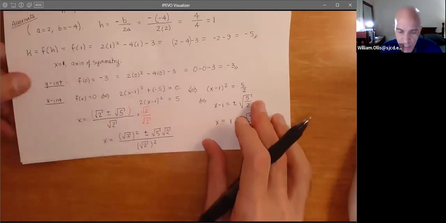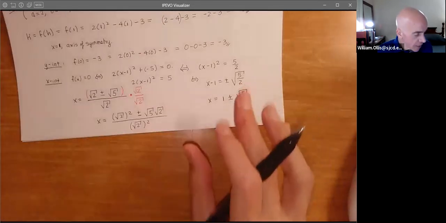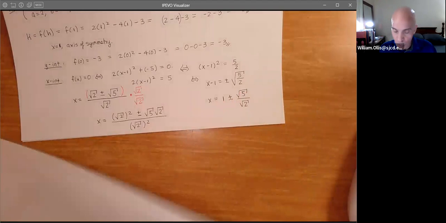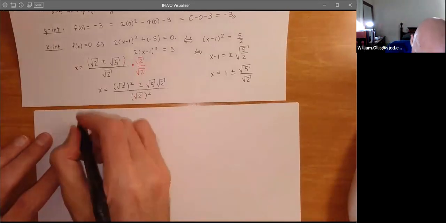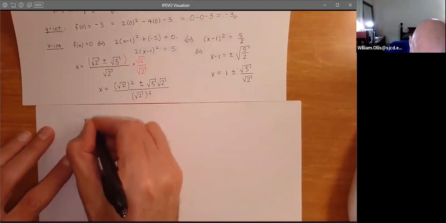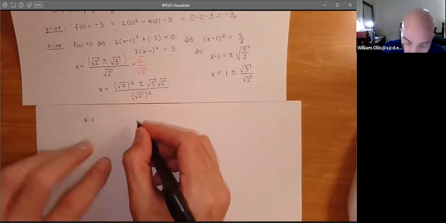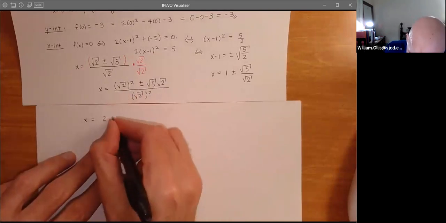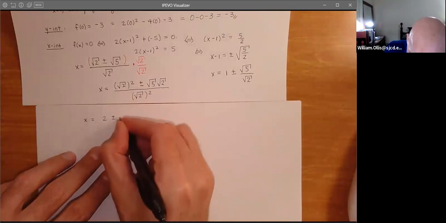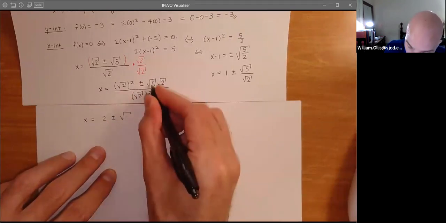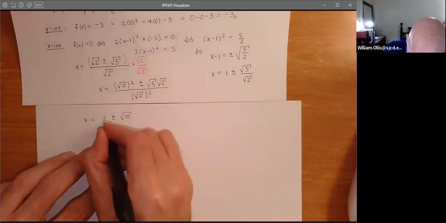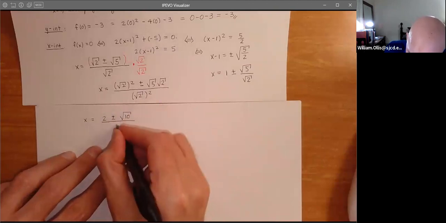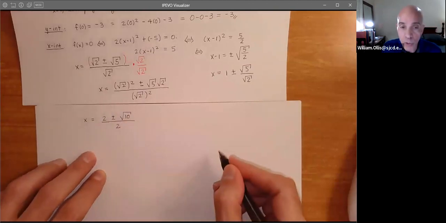I thought this would be a good example to do some additional work with radicals. So now we have x equals, we square the square root of 2, that's just 2, plus or minus square root 5 times square root 2, which is just square root of 5 times 2, so we get 10. And then downstairs we just get 2.